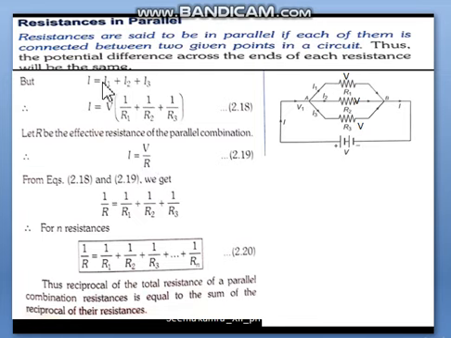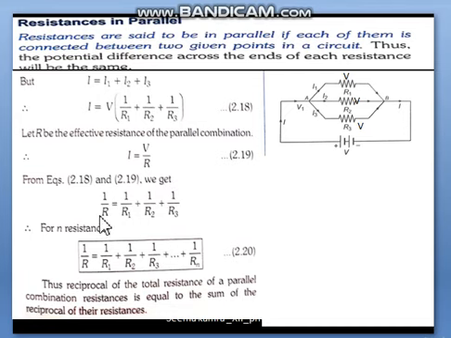So I1 means V1 by R1, I2 means V2 by R2, I3 means V3 by R3. Now V1, V2, V3 are all the same voltage because they are connected in parallel, so V is taken common and 1 by R1, 1 by R2 and 1 by R3 remain. In the same manner, this total current we also replace by total voltage upon total resistance, V by R, without any suffix. Cancel V and you will get the final answer for resistances.